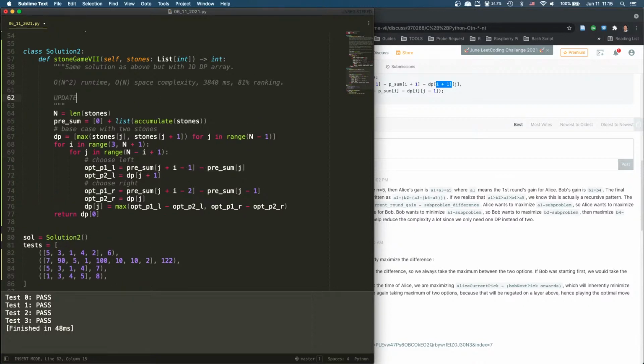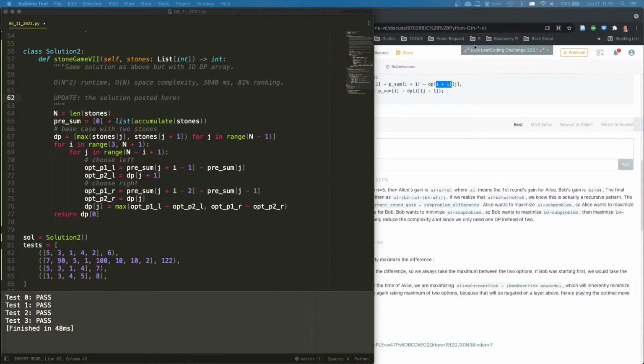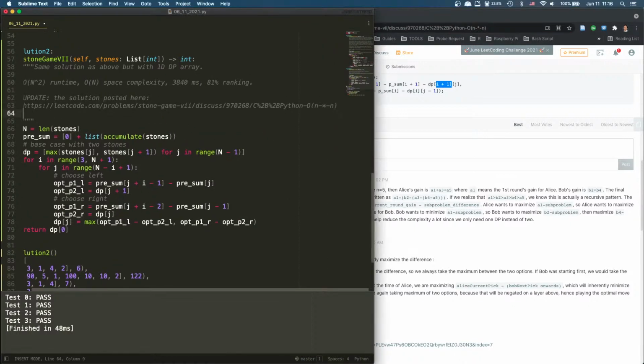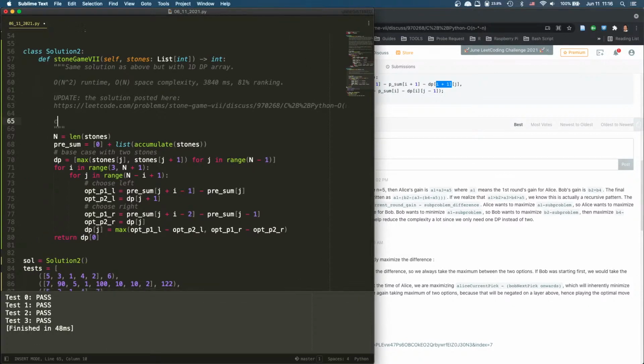Yeah, so update. The solution posted here clarifies an important point.